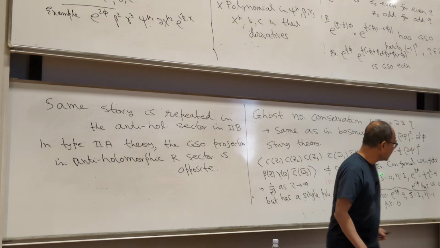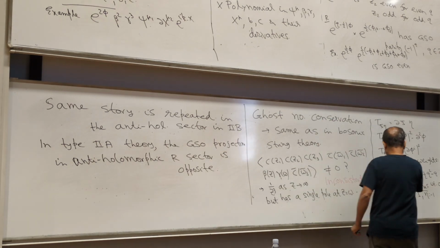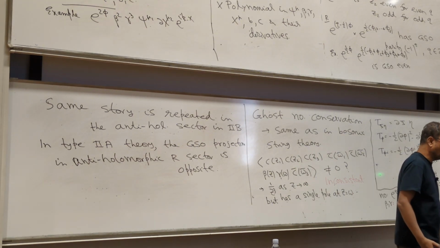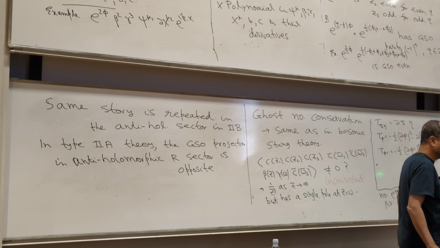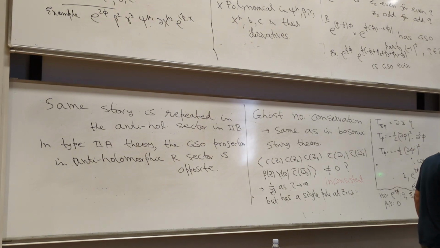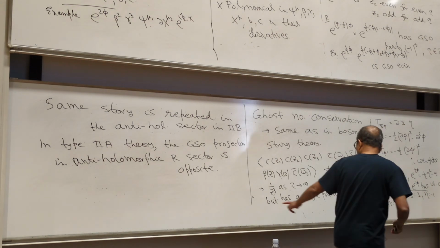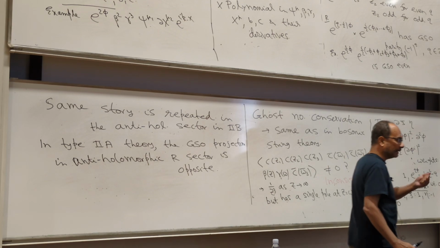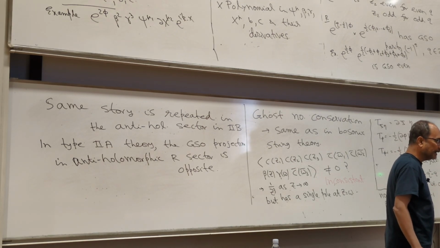Okay. So the non-zero correlation function: beta gamma has picture number 0. But if you have an e to the minus phi, then beta can have additional poles, right? Beta is delta e to the minus phi. If you have an e to the minus 2 phi, then it has a double pole at the location of the e to the minus 2 phi, right? That double pole together with the single pole will do the job. So you must have other operators in the correlation function where beta has double poles, right?